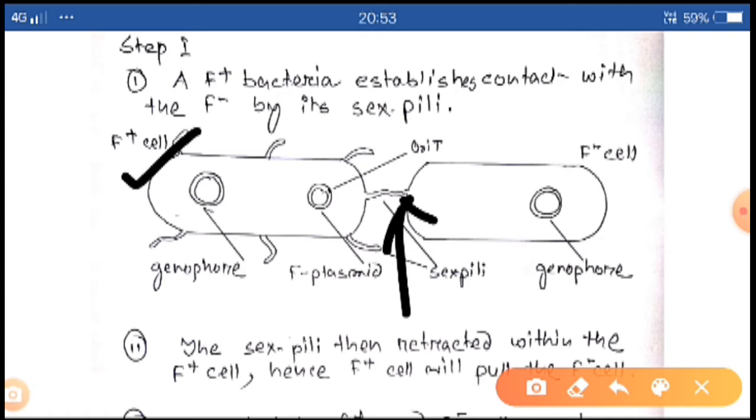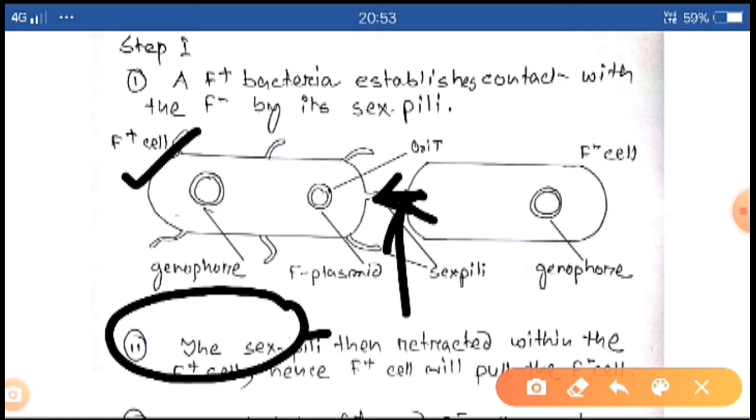That is why the F minus cell will go towards the F plus cell, and as a result, the distance between these two cells will be reduced.